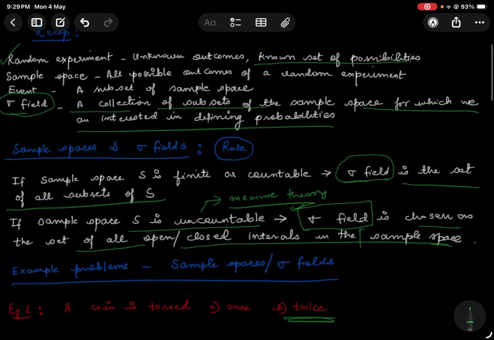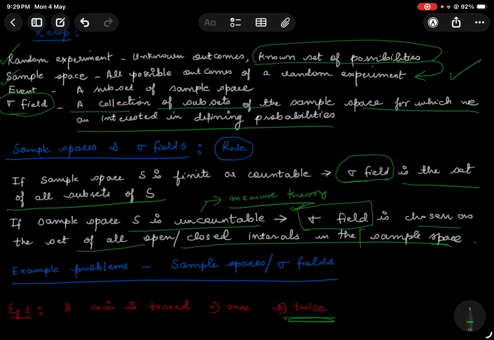So that takes us to the second concept, which is a sample space. And what is the sample space? Sample space is all possible outcomes of the random experiment. So these known set of possibilities which I'm talking about, if you make a set of all of them, that is our sample space.